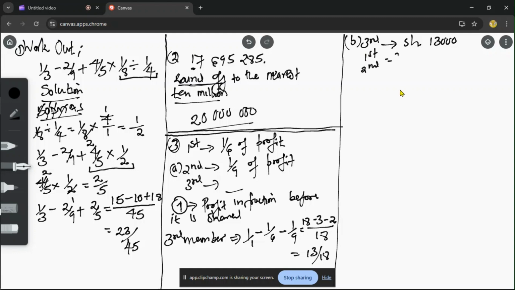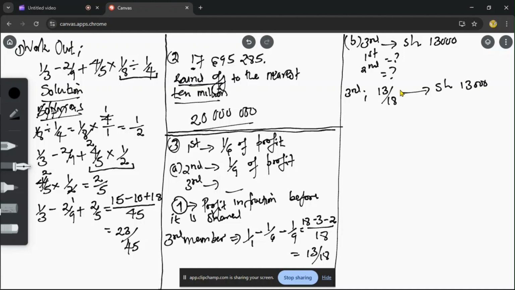I don't know what this one received, and I don't know what this one received. This is what the third received. And remember, we've gotten the fraction of what the third received. The third member received 13 all over 18. Now this fraction is the one that you've been told is the same as the amount 13,000.